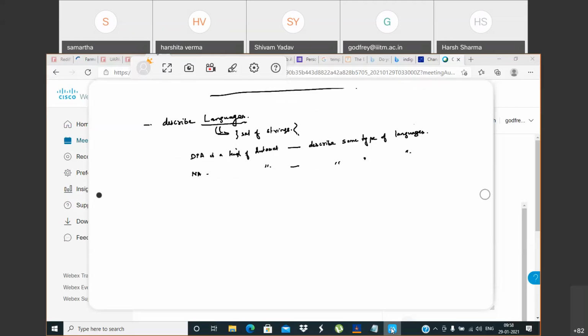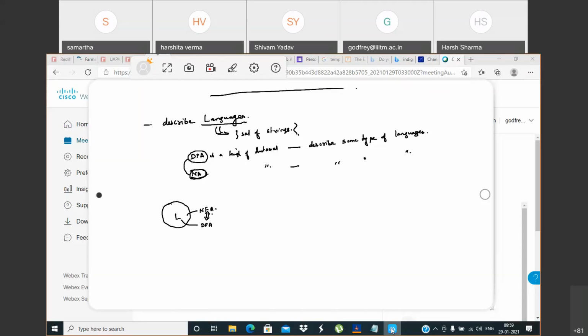But an NFA is in no way better than a DFA, in the sense that whatever set of languages can be defined by an NFA can also be defined by a DFA, and you can have an equivalent DFA for any NFA, right?